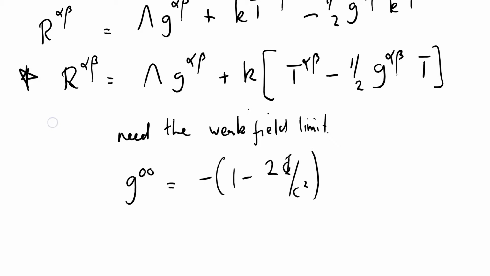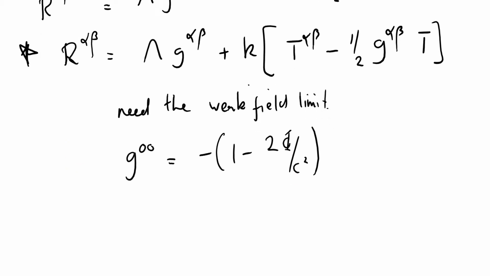Okay, well that's one thing that we need in the weak field limit. Oh, and phi was the Newtonian potential, minus GM over r in the Newtonian case. It's just the gravitational potential in the weak field limit.